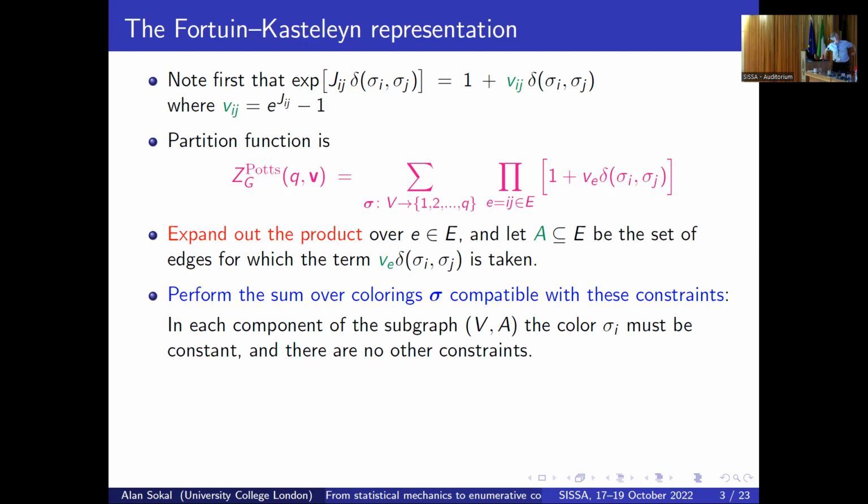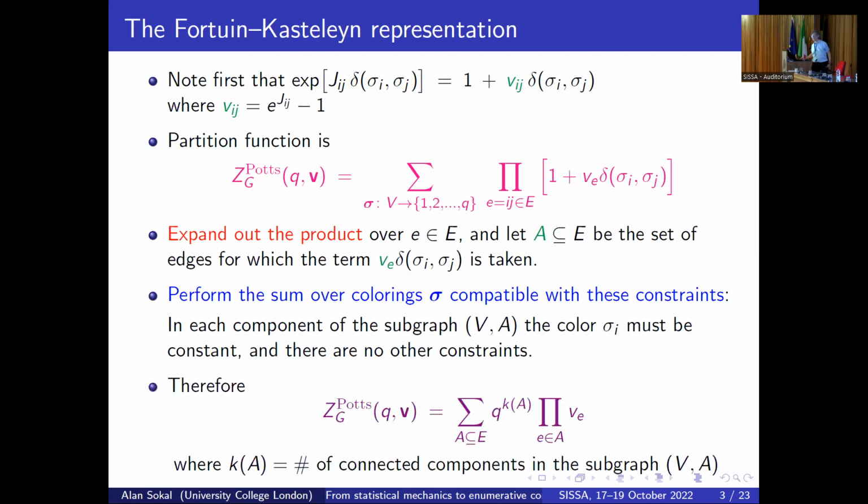Each edge in the set A imposes that the two spins at the ends of the edge have to be colored the same. So what that means is in each connected component of the subgraph (V, A), the color must be constant. And there are no other constraints. So you simply get Q to the number of connected components.